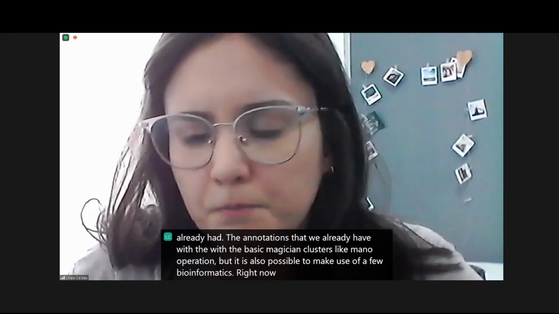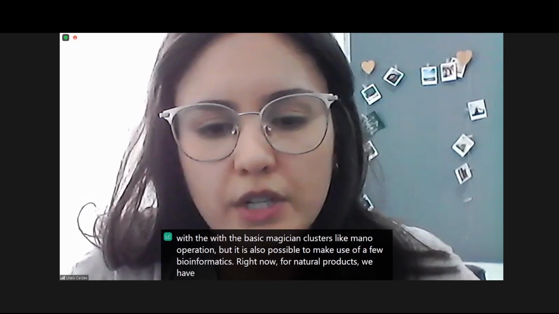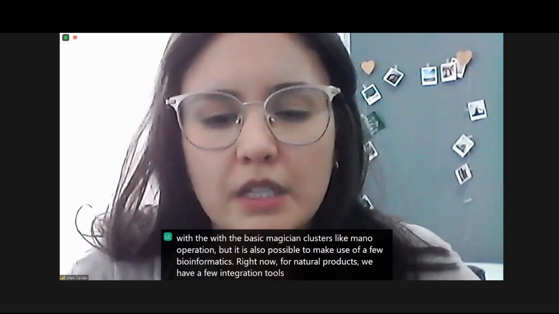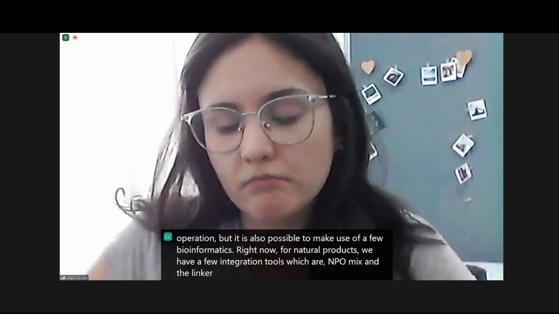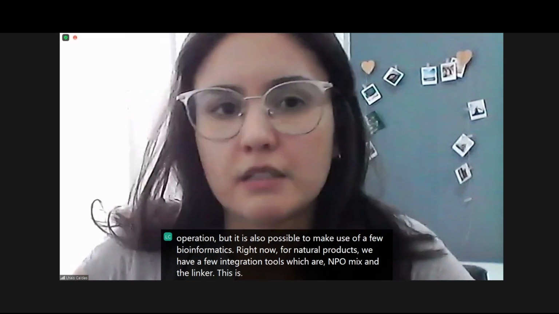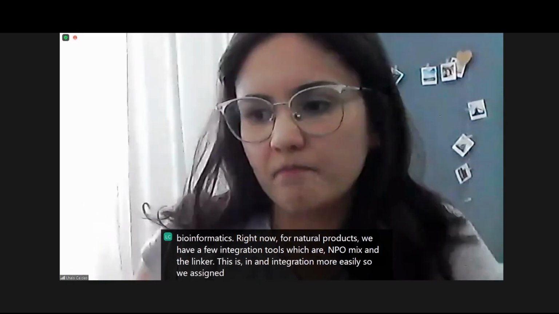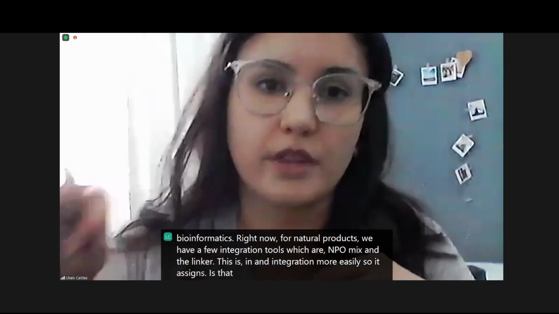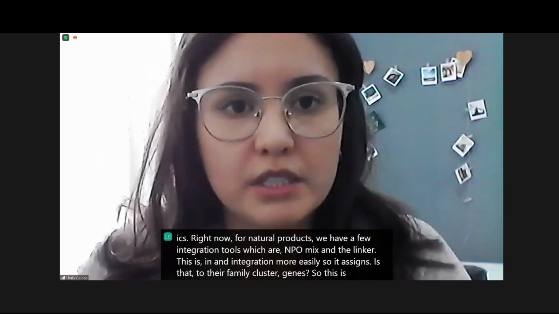Right now, for natural products, we have a few integration tools, which are NPOmix and NPLinker. This makes the integration easier, so it assigns exact metabolites to their gene cluster families. So this is more accurate, in fact.